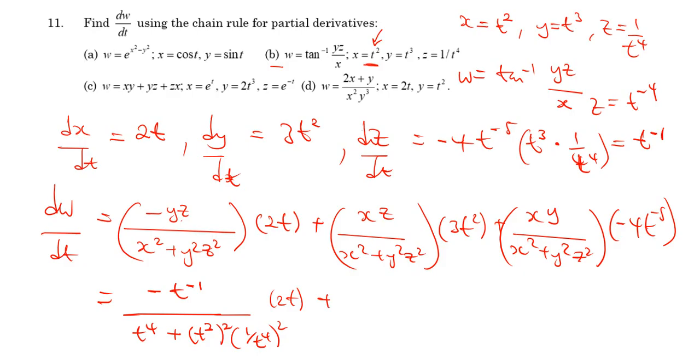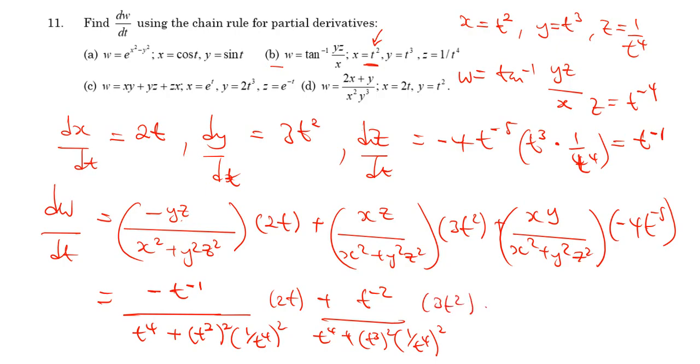When you replace that, you just get negative t like that. Then down there, it's the same thing to the fourth plus t cubed squared, then you have 1 over t to the fourth, then you have squared there, then you're multiplying by that 3t squared.